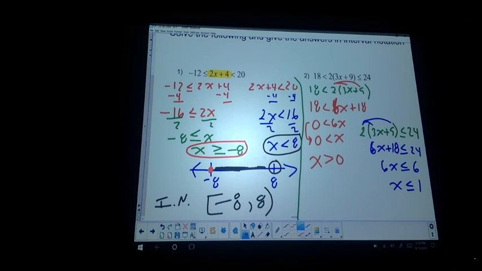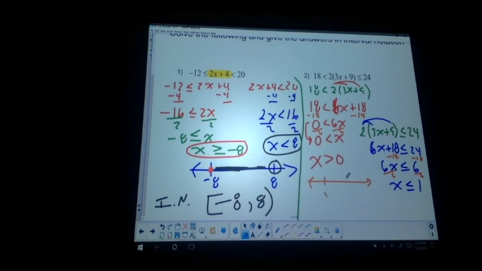If so, here. First, the work I didn't show is this. Okay? Let's go ahead and put this on the number line.